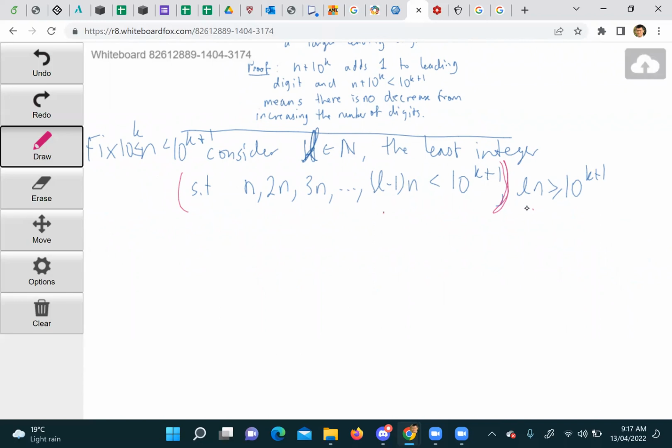You can make l the largest that stays under. In either case, this gives you a bunch of cases. Okay, how about that?